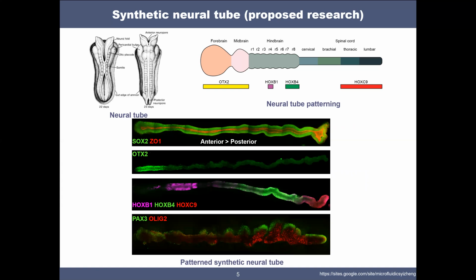For instance, we can study the genetic and the environmental causes of neural tube defects in newborns, and we can also study the connection between certain neurological diseases, such as Huntington's disease and Parkinson's disease, with early neural tube development.